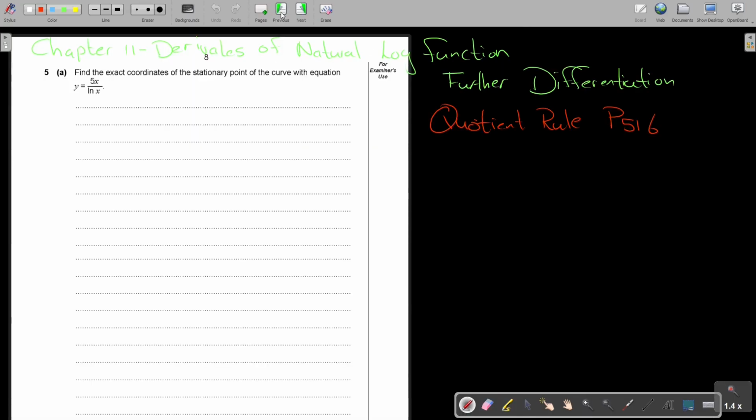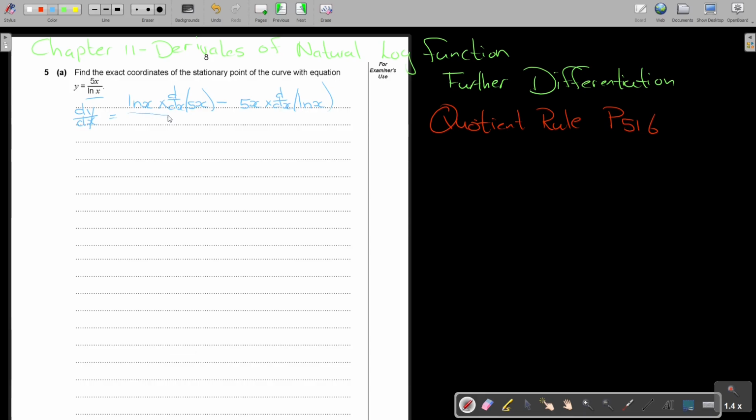Okay. So I'm going to say dy over dx. I write the denominator, so it's ln x, and I differentiate the numerator. I'm writing it out for you now. And then I subtract, I write the numerator, and then I differentiate the denominator, which is ln x.